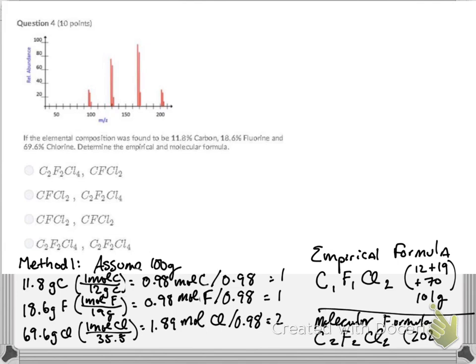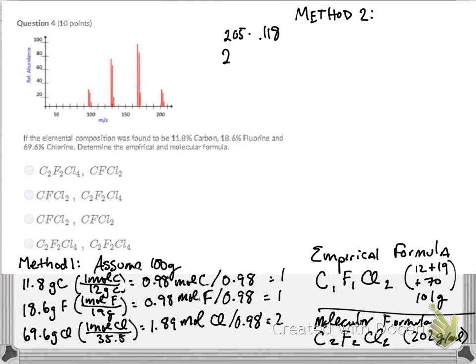All right, so let's look at method 2. Method 2 starts with the molecular mass from the mass spectrum, 205, and now we take each of the percents that are given and find out how many grams of carbon, fluorine, and chlorine we have in this 205.